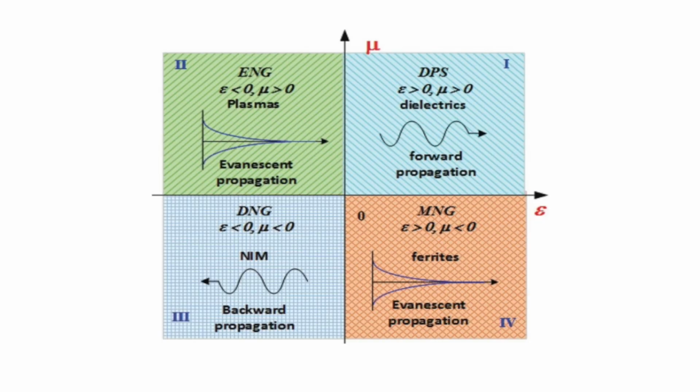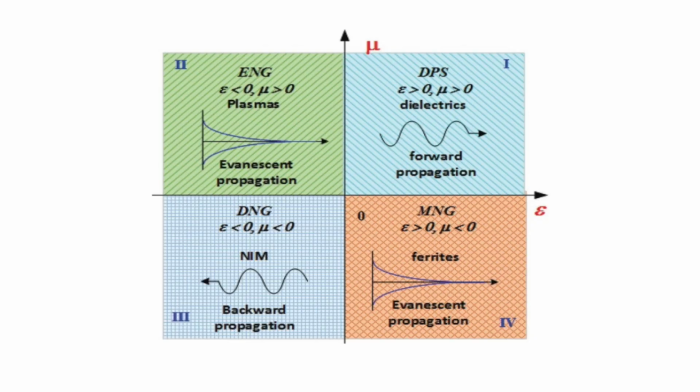Third quadrant is showing the DNG type of material, that is a double negative material. In this case, both epsilon and mu, that is permittivity and permeability, both are negative. So, this type of material shows the backward propagation, where the Poynting vector and the energy propagation are moving in opposite directions.